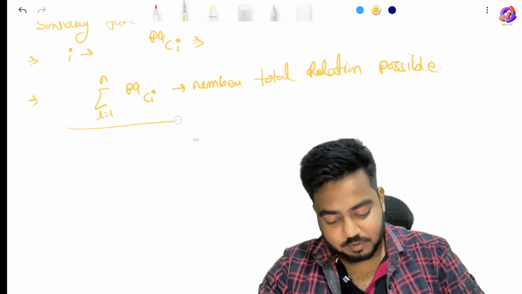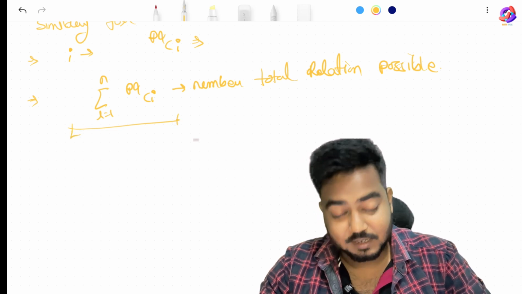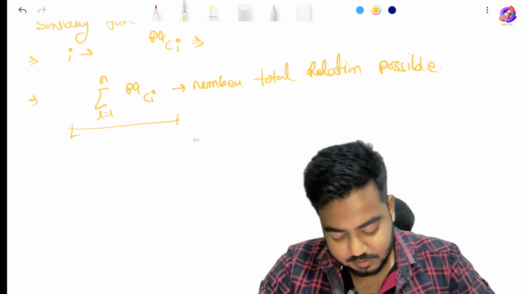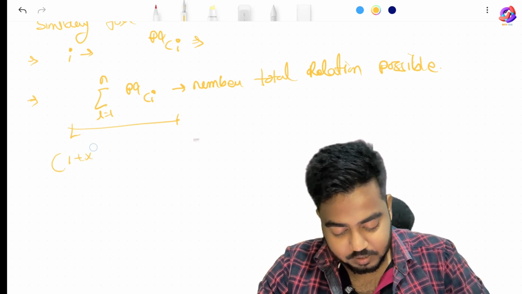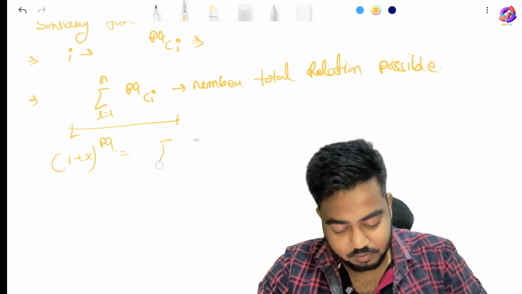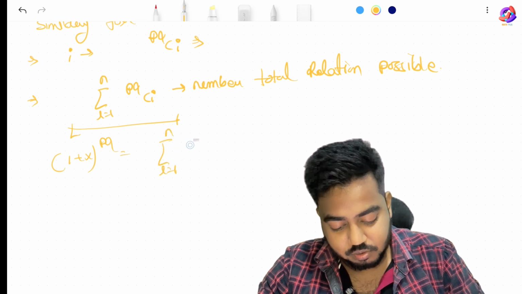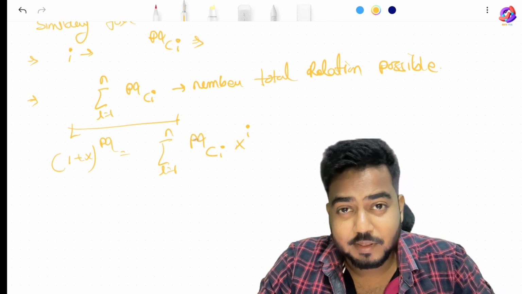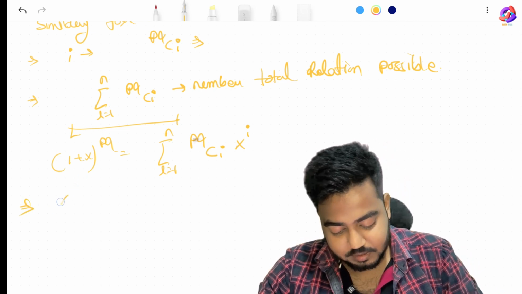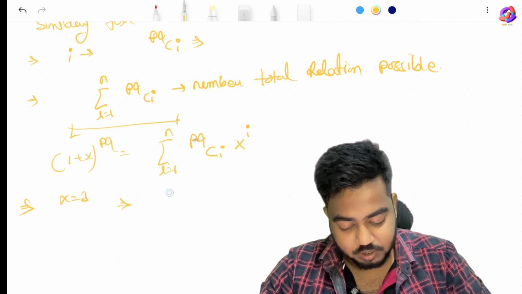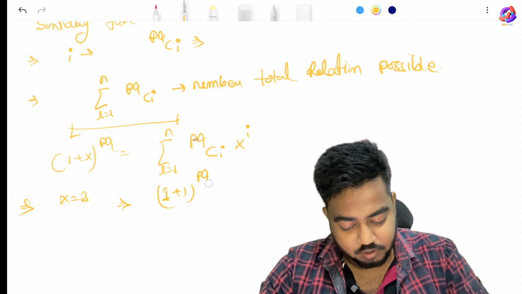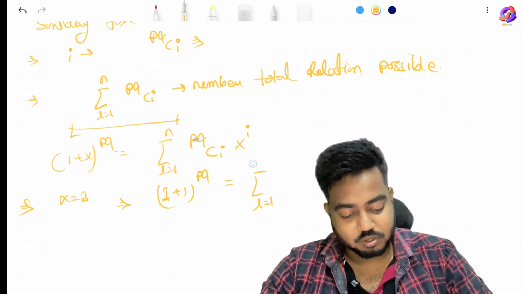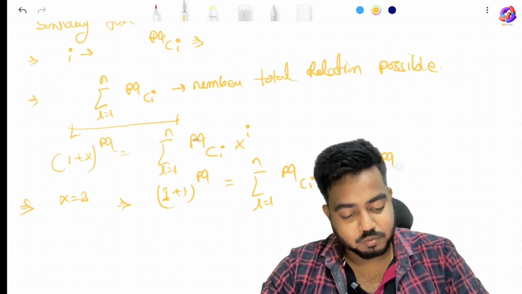Now this is a very familiar series. If we take (1 plus x) to the power PQ, it equals the summation of i equals 1 to n of PQCi x to the power i. Now if we replace x by 1, we get (1 plus 1) to the power PQ, which is the summation of PQCi, equal to 2 to the power PQ.